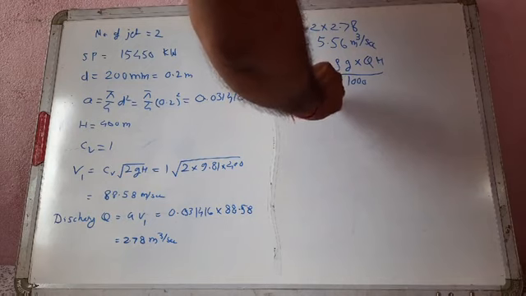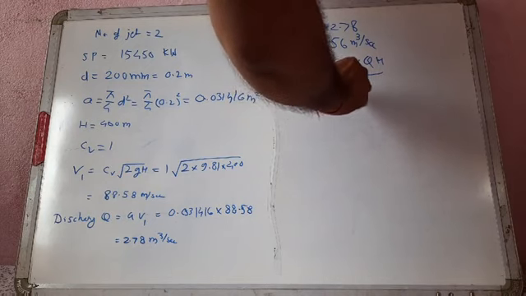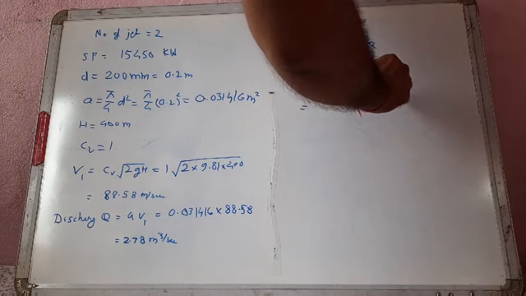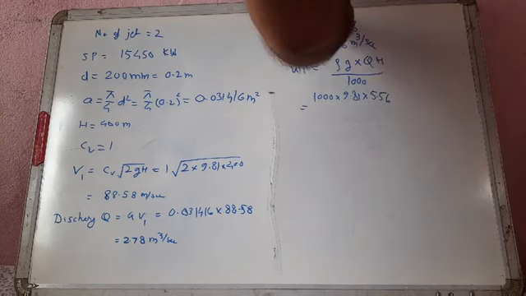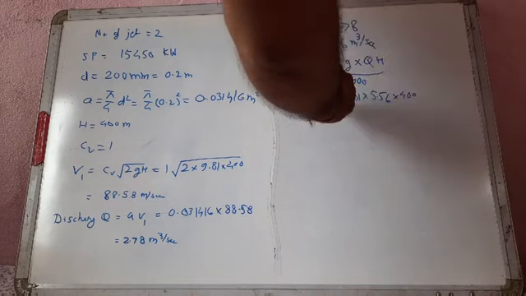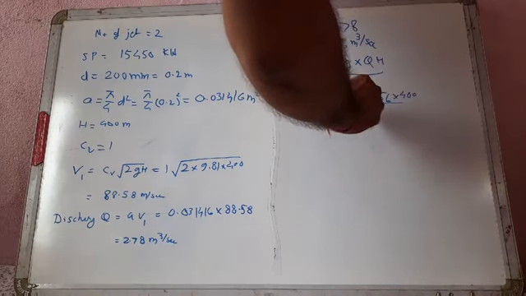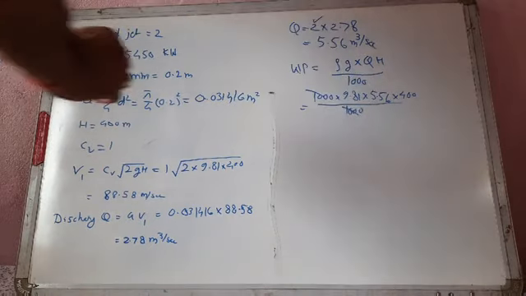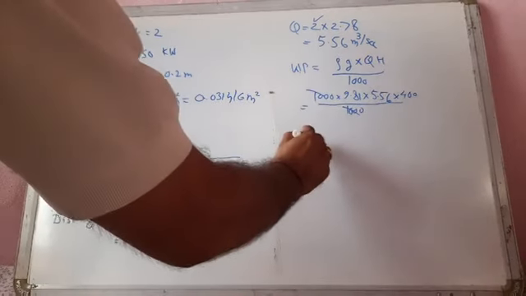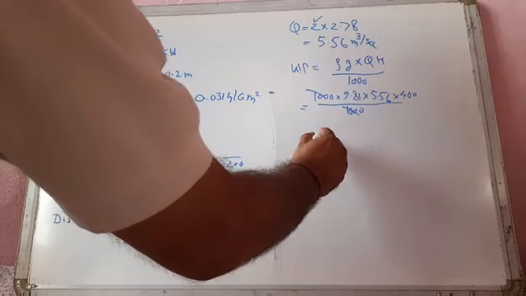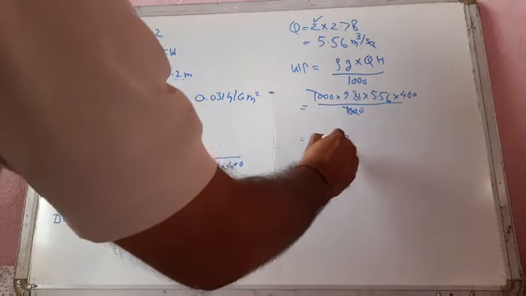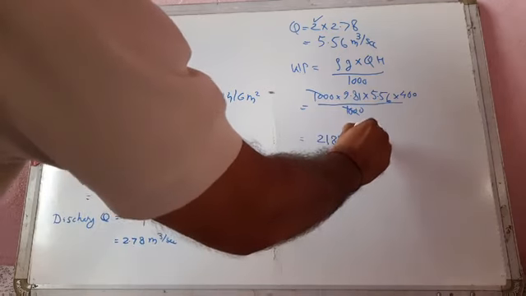Putting the values, rho 1000 for water, 9.81, Q is 5.56, because two jets are there, and H is given 400 meter, divided by 1000. The 1000 gets cancelled, and the water power is 21,817.44 kilowatt.